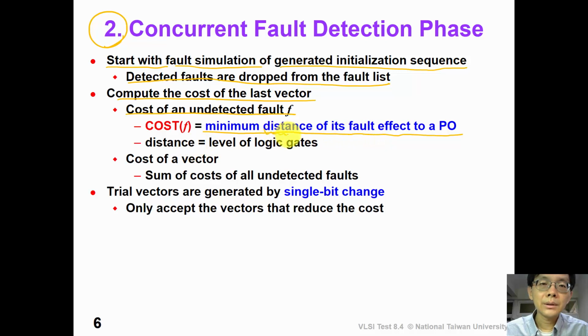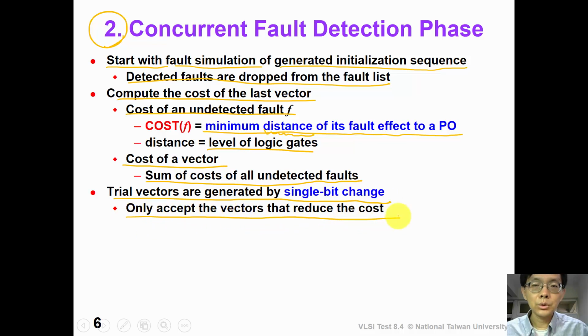Here, the distance is defined as the number of logic gates, and the cost of a vector is the sum of costs of all undetected faults in the circuit. And the trial vectors are generated by single bit change, and we only accept the vectors that reduce the cost.